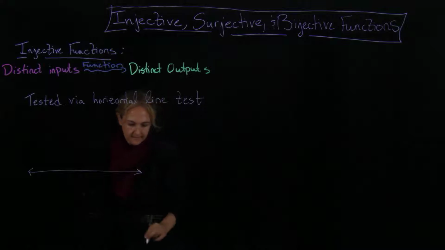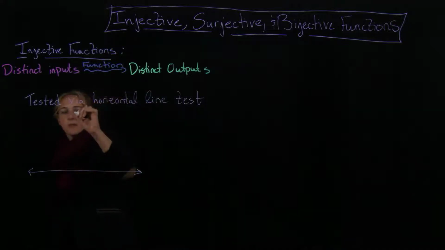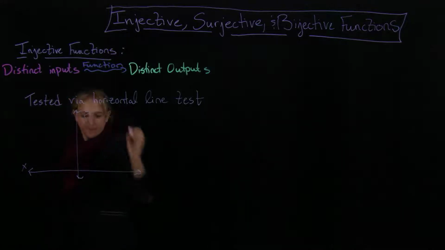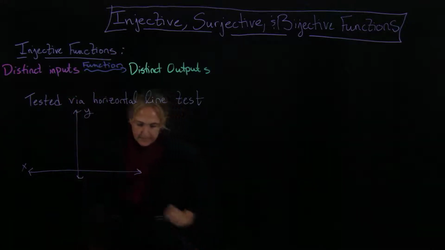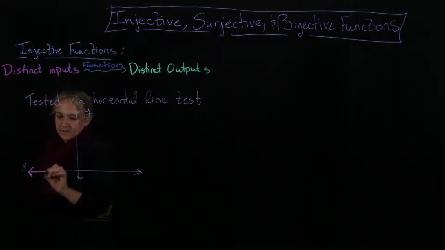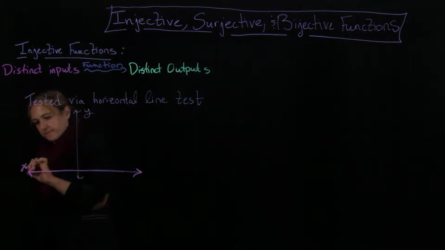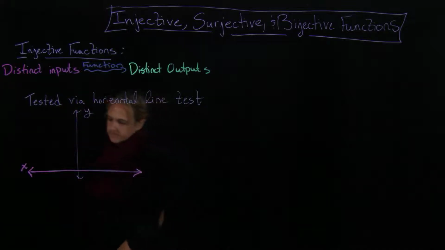So you have your axes, your x-axis and your y-axis. In fact, the x-axis is my domain, my inputs, and then my output is my y.